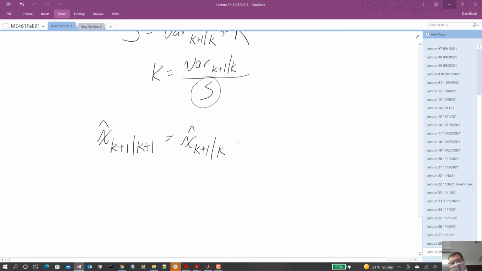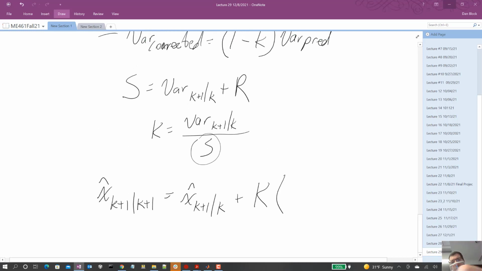plus K times, now in Kalman terms, Z is our measurement. And so Z here is our sensor, for example ultrasonic or whatever. So K is multiplied by Z, our measurement, minus our most current prediction.